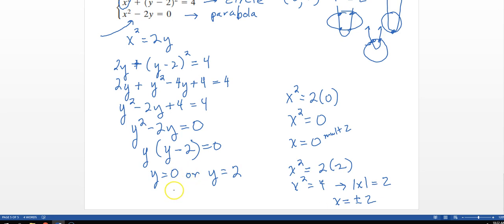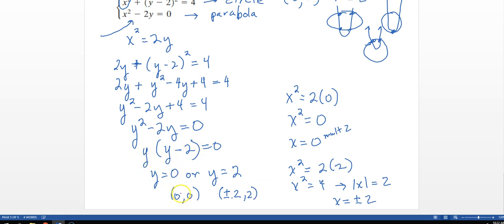So we have a solution of (0, 0), and two solutions, or two intersections, at plus or minus 2, 2.